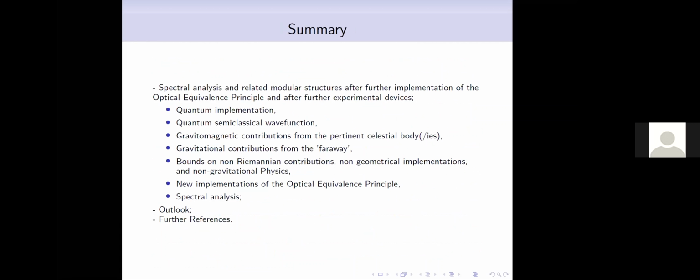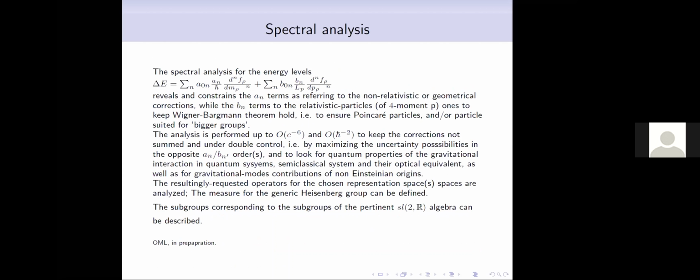And in particular, different kinds of contributions can be analyzed. I made some examples, and further references are given within the slides.